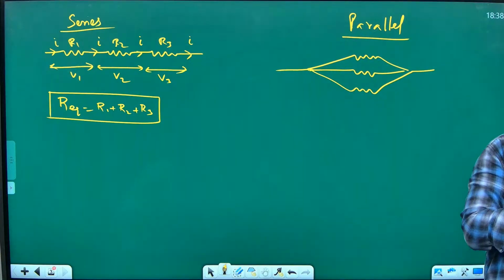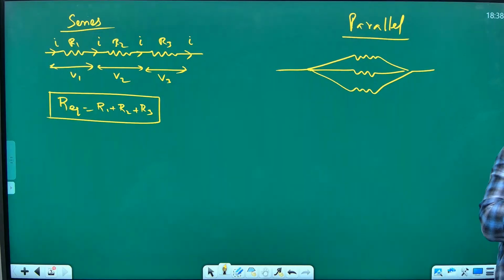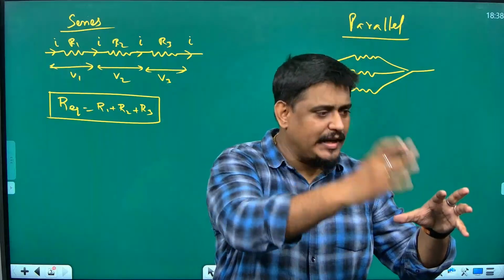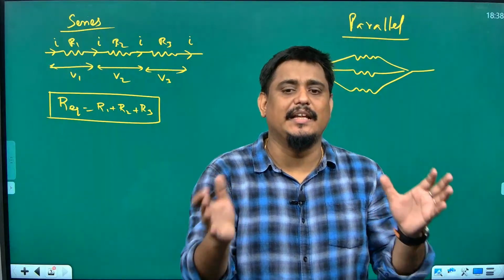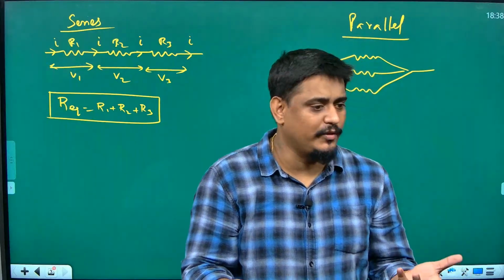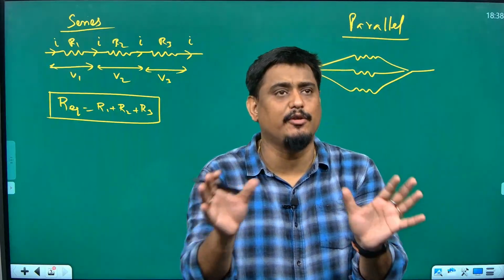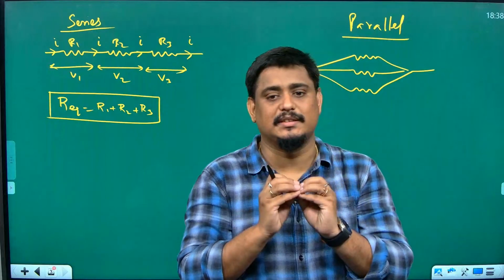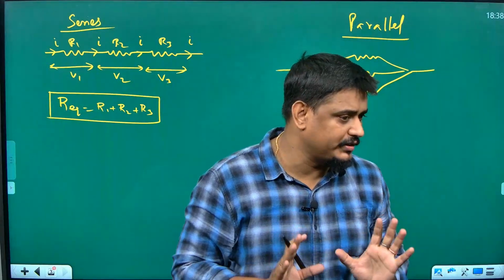Remember this. If resistors are in series, their net value is what? Addition of each value. Suppose you have 5 ohm, 10 ohm, 15 ohm, then the answer is 30 ohm, R equivalent value, because 5 plus 10 plus 15 will give you 30. So 30 ohm is the equivalent resistance, net resistance, total resistance, whatever you call it.